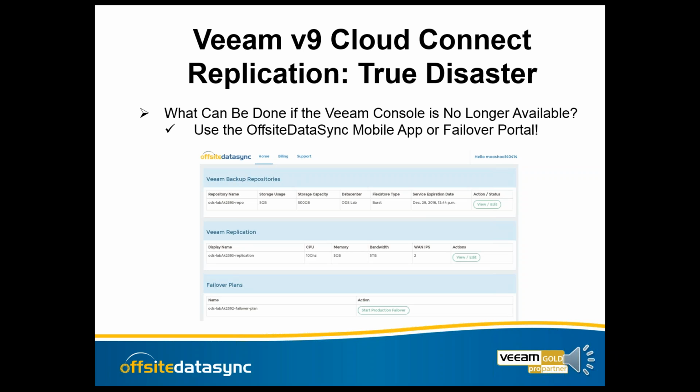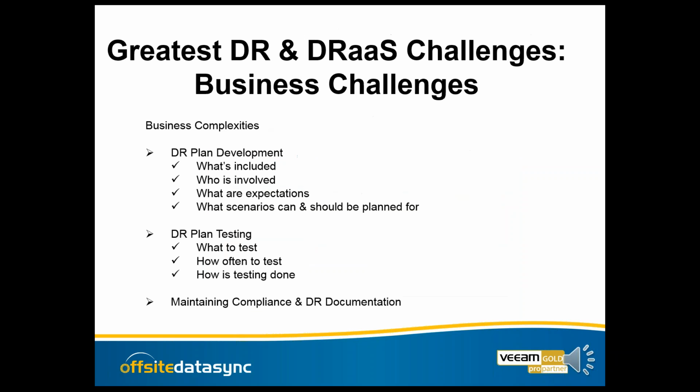We've built into our portal the ability to, it's very light, and I know the screen is small, but down toward the bottom you'll see a Start Production Failover button that will actually start a failover of all the VMs in your environment. They're pre-configured with WAN IP addresses. If you've configured it as such, they come alive, and then you can access via the ports that you've already enabled through the network extension appliances. So essentially that's built into our portal as well.